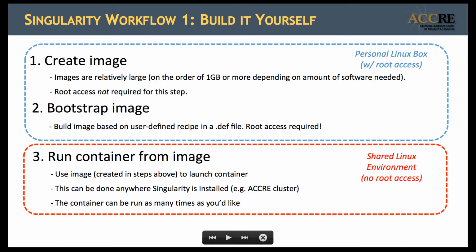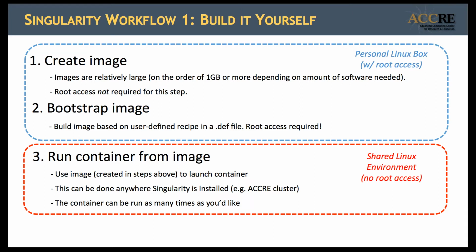Step 1 is to create an image. Generally you do this by creating a blank image where you specify the size. There's a default size of like 728 megabytes, and if you need more space than that, it's trivial to just pass an argument to make a larger image.